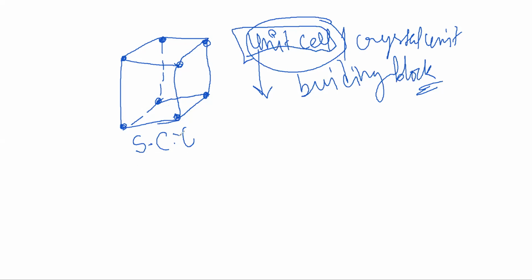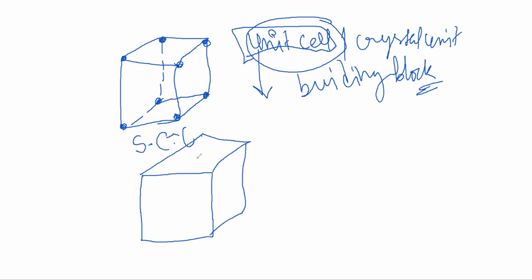So simple cell, then comes the face centered cell, which is something like, apart from the corner, there will be atoms at each face also.